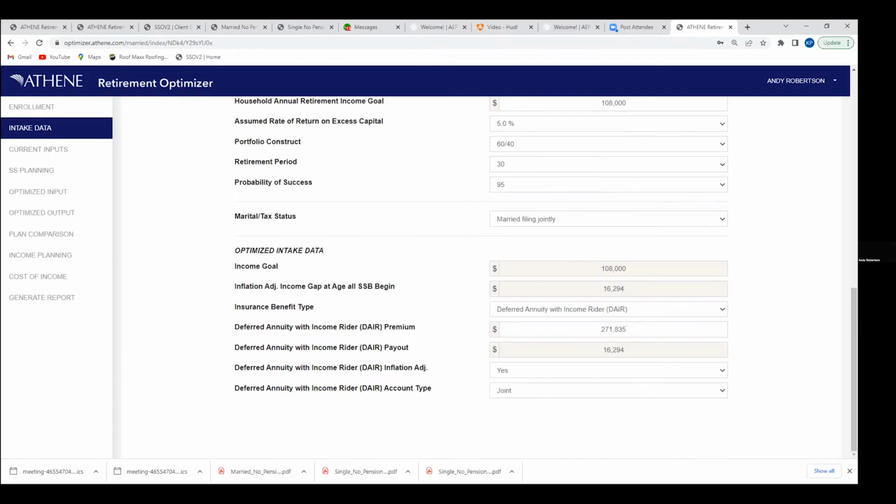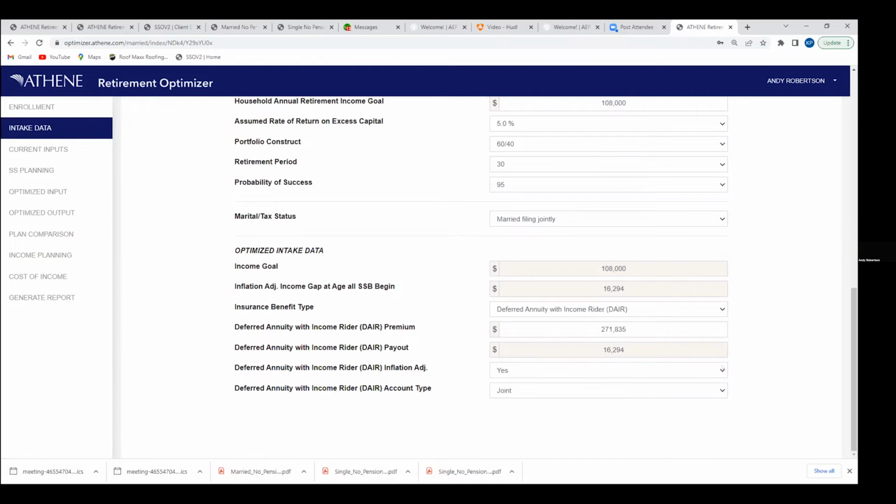So that premium was for the Athene Ascent Pro 10 to contractually deliver on a fully guaranteed basis the additional income need, the $16,294 inflation adjusted gap at 70. We know Athene can deliver it for the duration of 2 lives on a fully guaranteed basis for $271,835. So now the inputs are done.